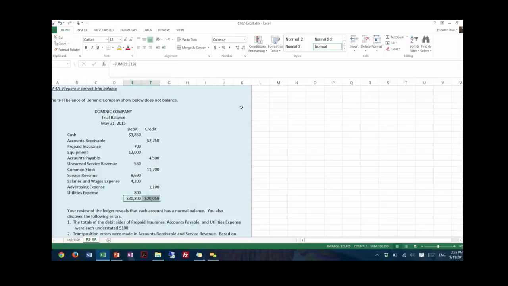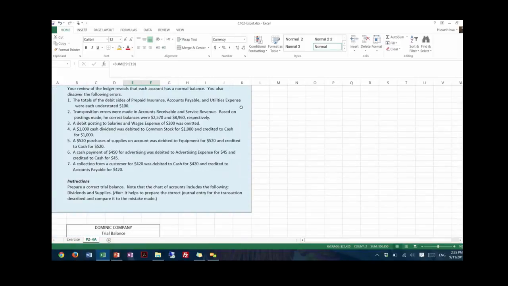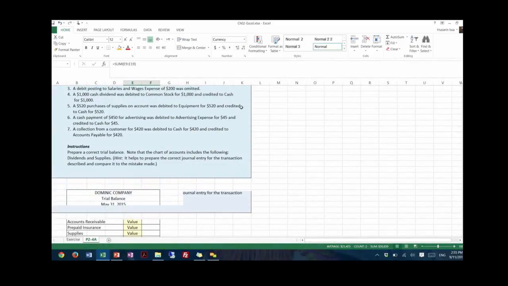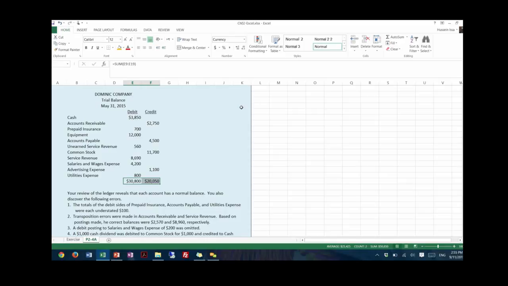In this case, they will ask you to prepare the correct trial balance. So cash. They said originally that it was 3,850. You start from that point and you start making corrections.